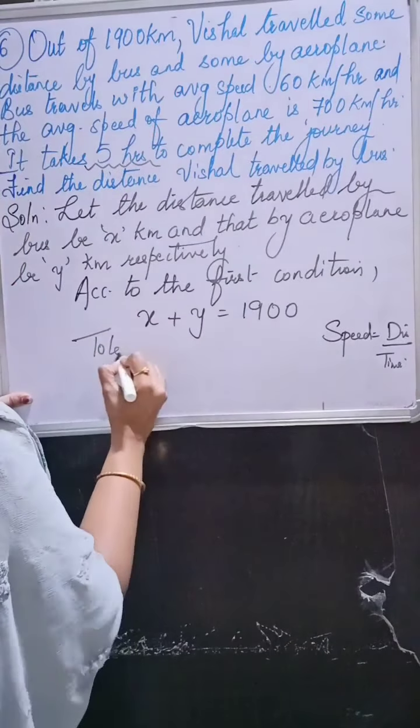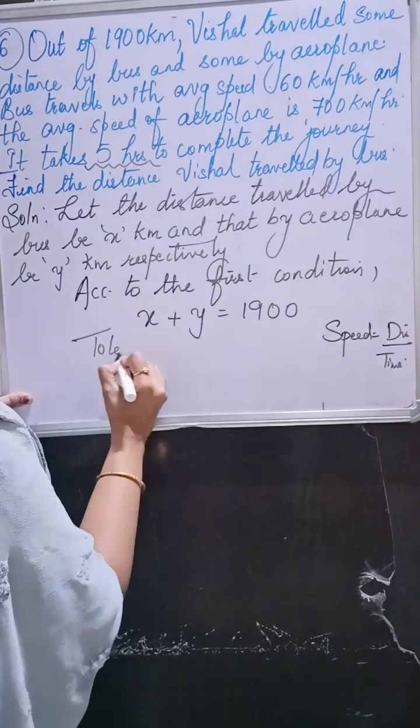Time taken by aeroplane, y upon 700. दोनों ने कितना टाइम लिया? Both of them took how much time? Total time taken by bus and aeroplane is given as 5 hours. So this part plus this part is how much? 5 hours is equal to 5. Understood the second condition?